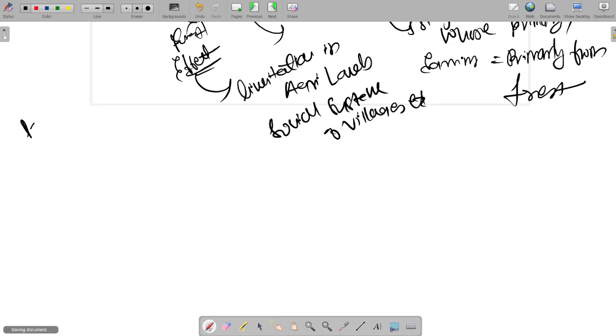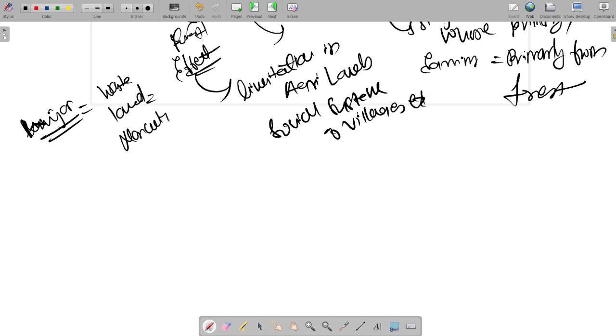The term Banjar is mentioned on page number 208, and means wasteland or non-cultivable, or another term given is khar bandi.